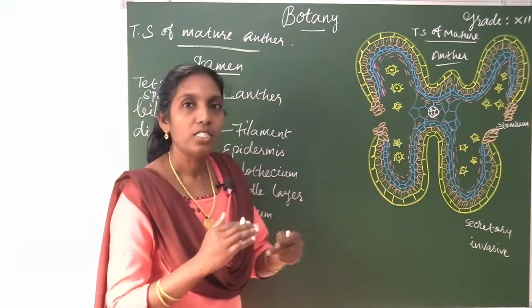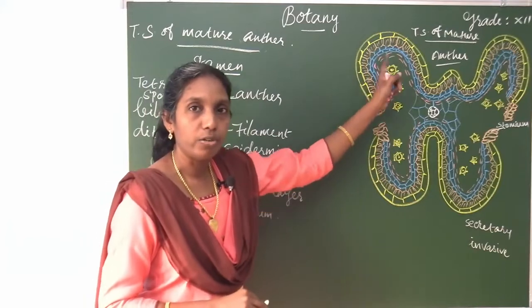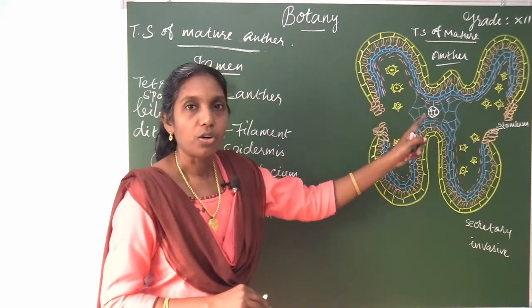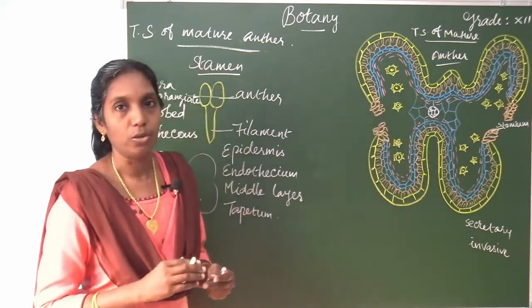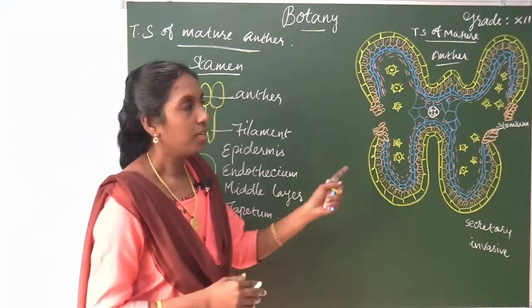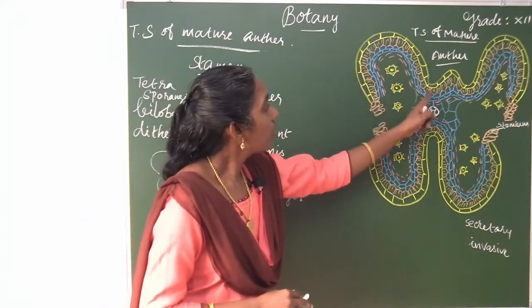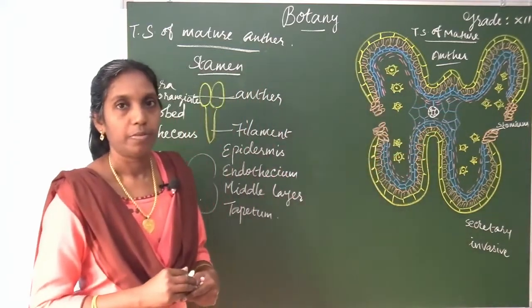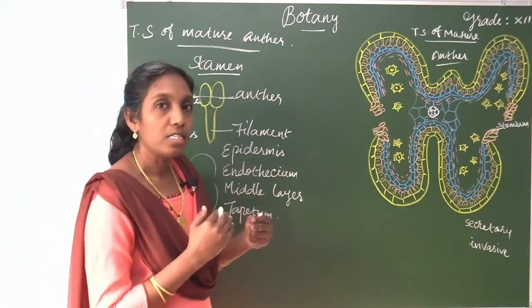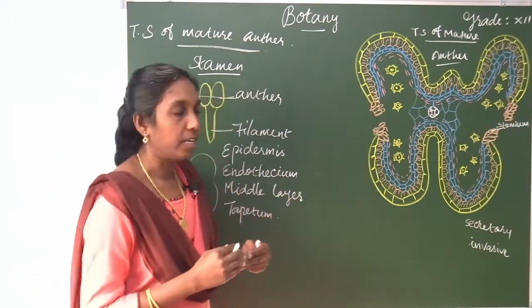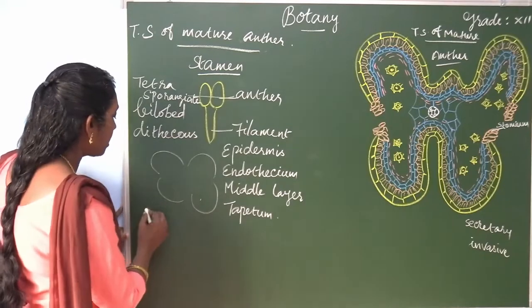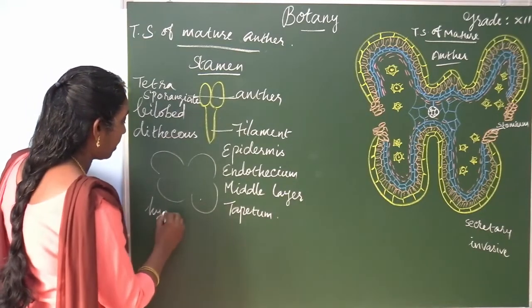The tangential walls of this endothecium consist of alpha cellulose. There is a thickening present in this endothecium, and the nature of this layer is hygroscopic.